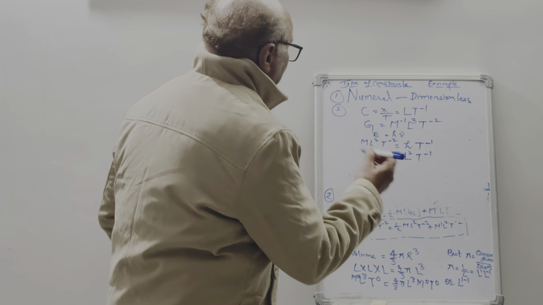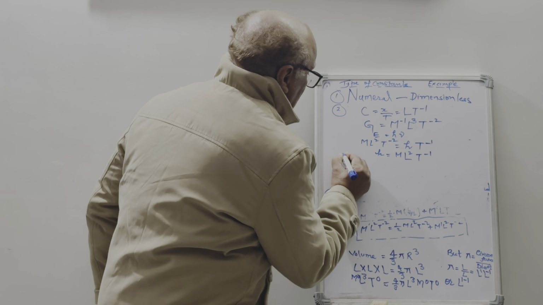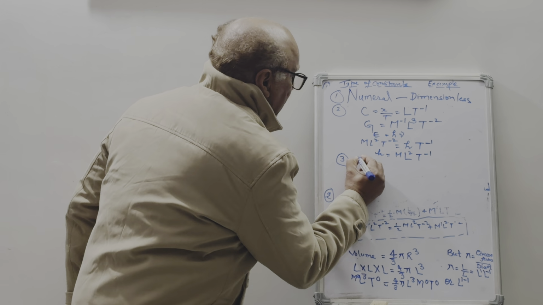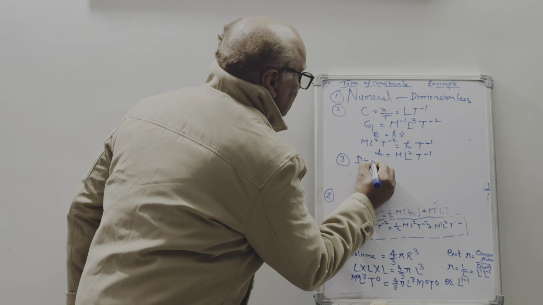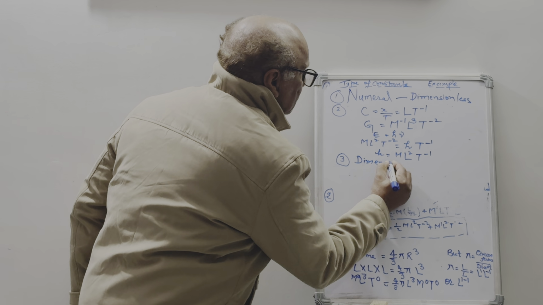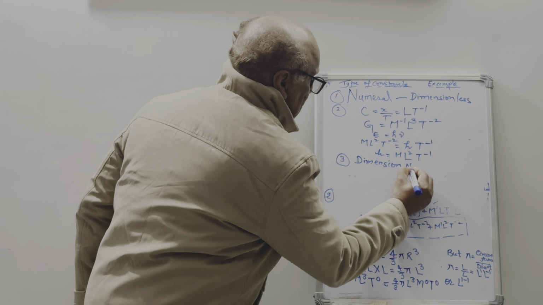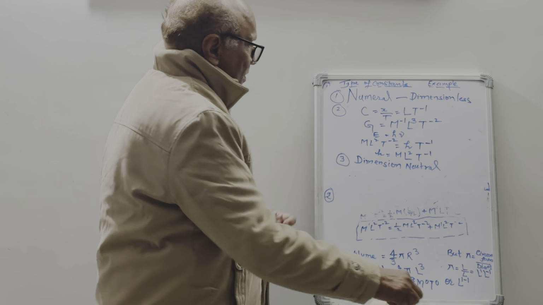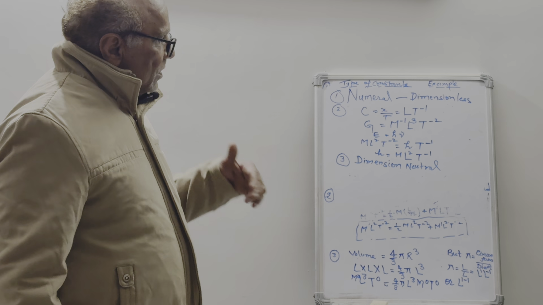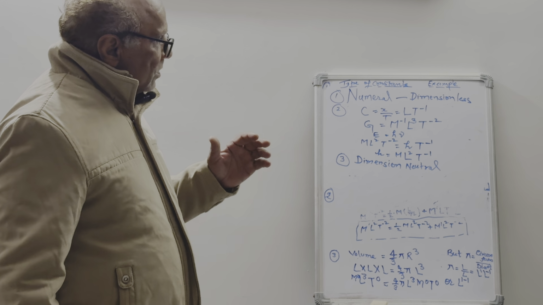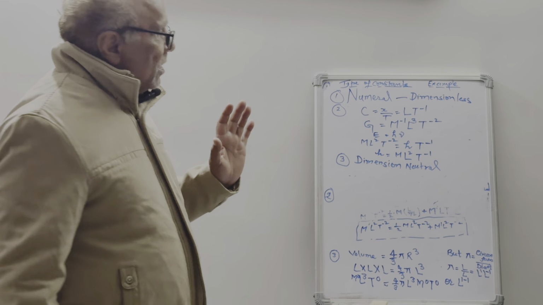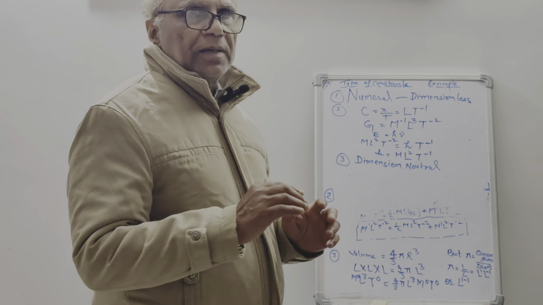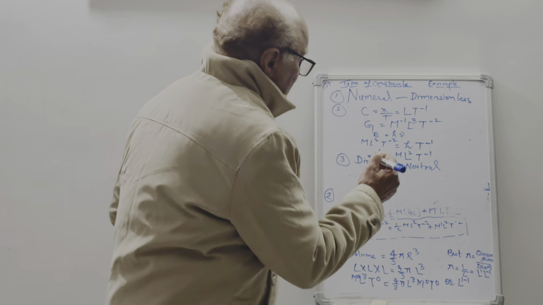Now the third kind of constants are dimension neutral. These are constants where the constant has dimensions which are equal in denominator and numerator, so that it becomes neutral, like pi.